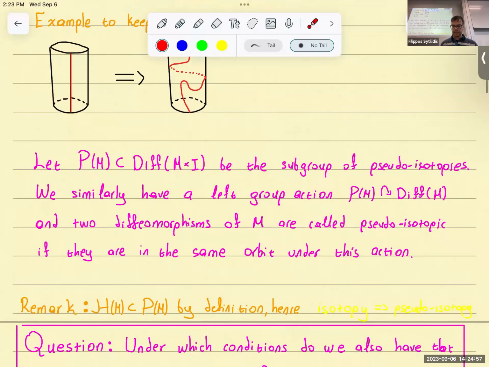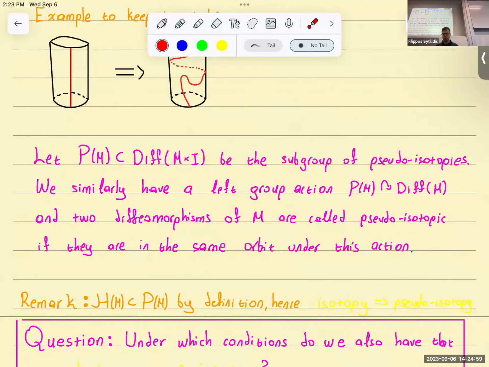So yeah, it's going through everything that we do with isotopies, but relaxing the level-wise preserving condition. One first observation, just by definition: we started with a notion and then relaxed one of the conditions that define this notion.